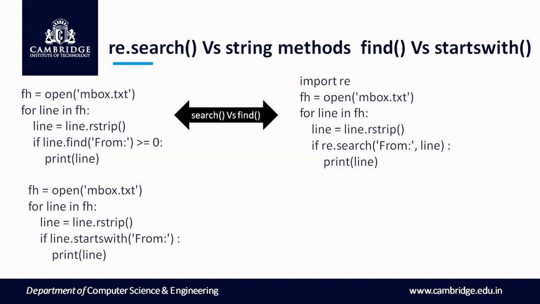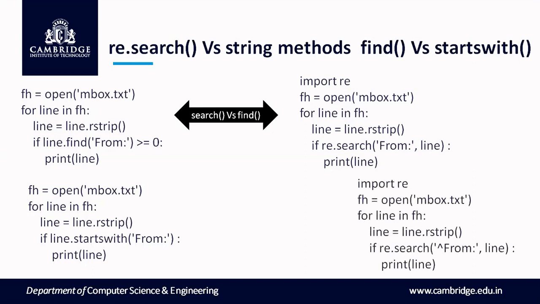Since we are parsing the file mbox.txt, it will search in every line whether any line is starting with From. Those lines will be printed. Similarly, if I want to write the same using a regular expression, these would be the changes, right? Now let me execute this program and show.